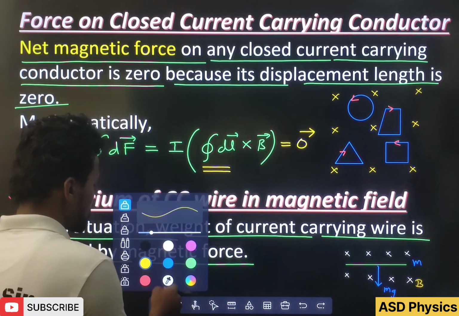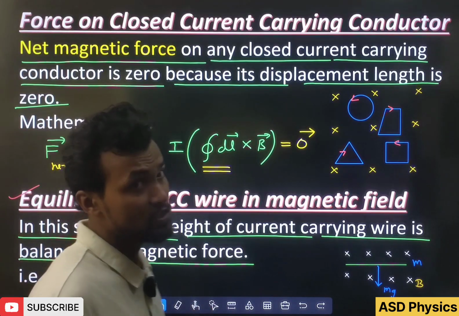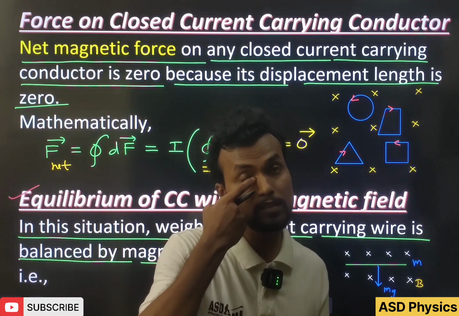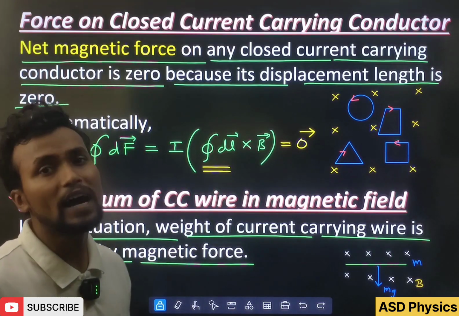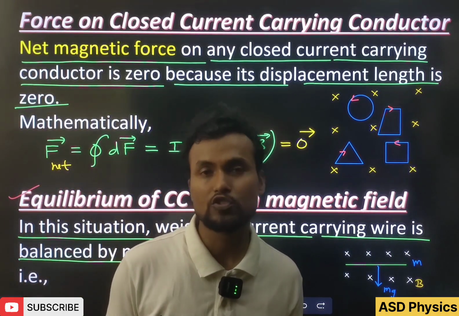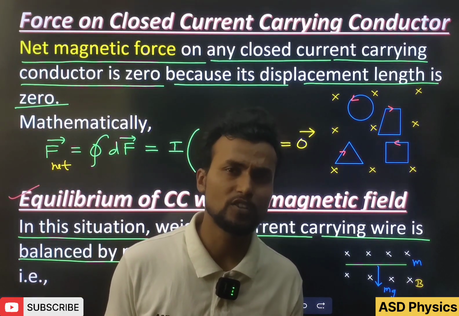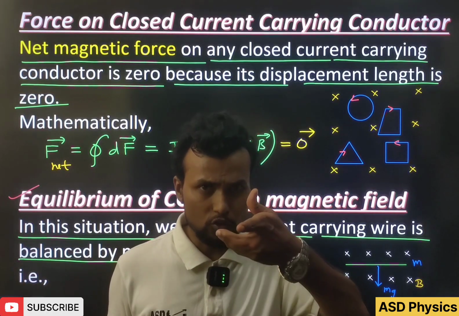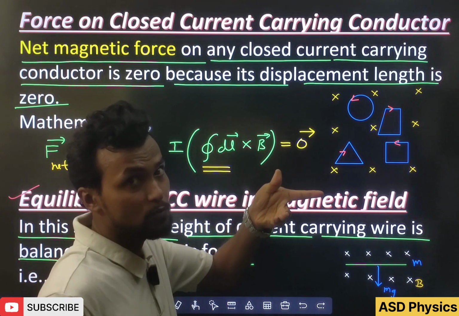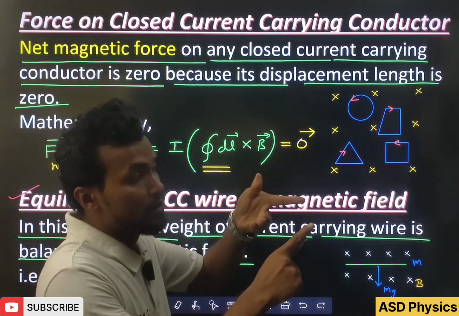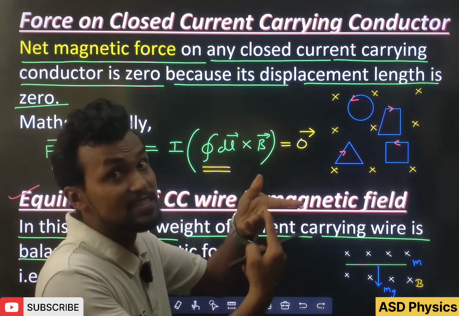Now the choice is in which direction we should apply the current so that this weight is balanced by the magnetic force. What is the formula? F equal to I L cross B. You can use the right hand thumb rule, or you can use Fleming's left hand rule. According to Fleming's left hand rule, make the left hand fingers mutually perpendicular: the four finger, the thumb, and the central finger.